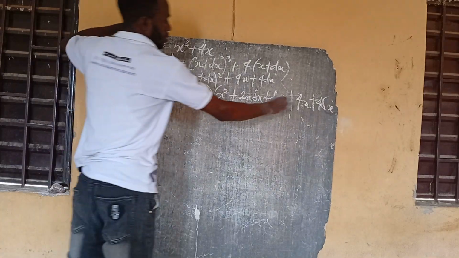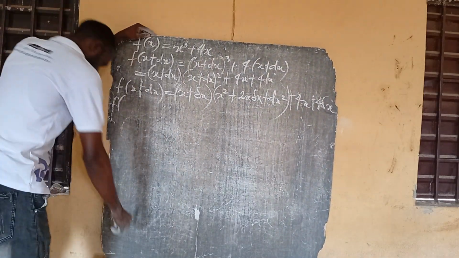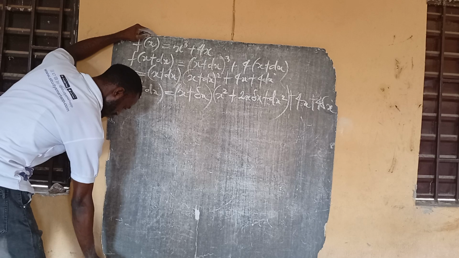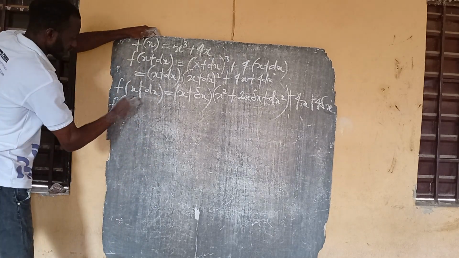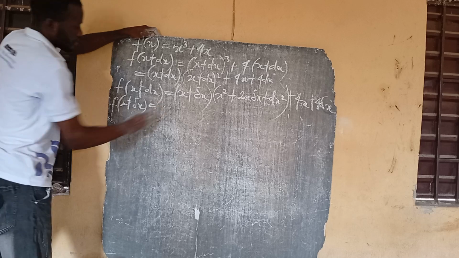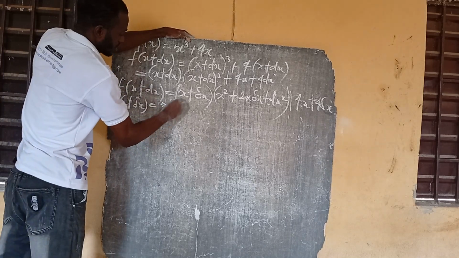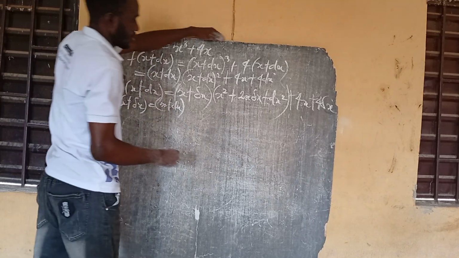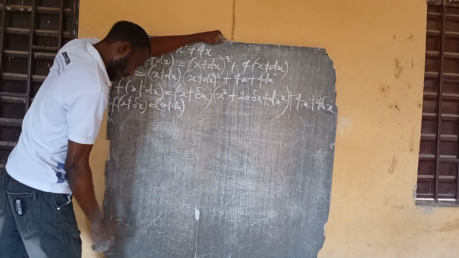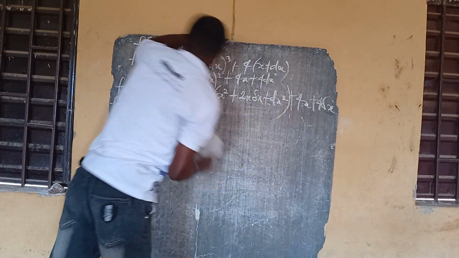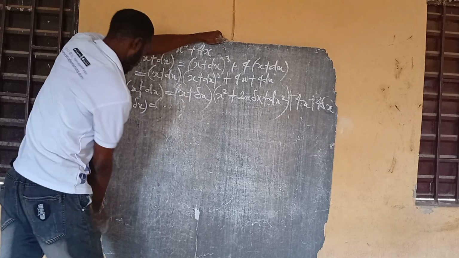So f of x plus dx will be equal to x plus dx. Let's already open the bracket.